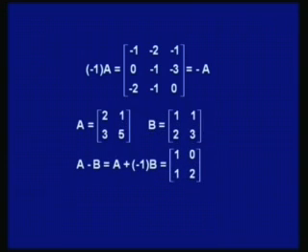So if I have A as 2 1 3 5, a 2 by 2 matrix, and B as another 2 by 2 matrix 1 1 2 3, then A minus B is the same as A plus -1 times B, and the result is 1 0 1 2. So that is how we define subtraction of two matrices. So we have addition of two matrices and we have multiplication of a matrix by a scalar.